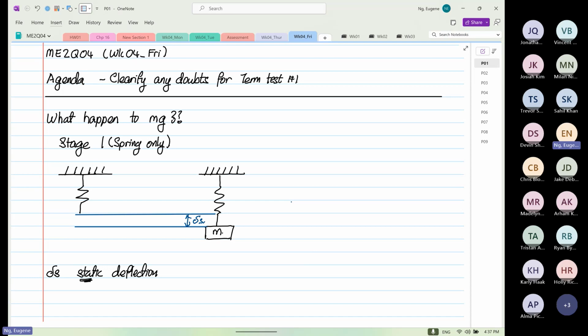So at stage 2, which I've just drawn, we have the spring and mass in static equilibrium.